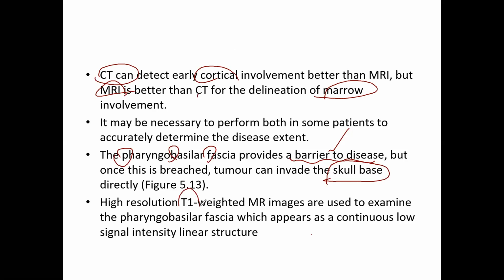High resolution T1 weighted MR images can be used to see the pharyngobasilar fascia, and it appears as a low signal intensity linear structure. As you can see, low signal intensity in that situation.